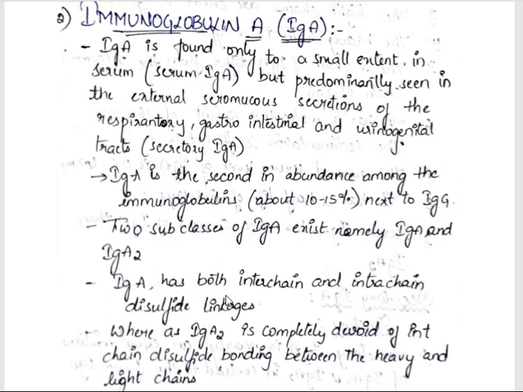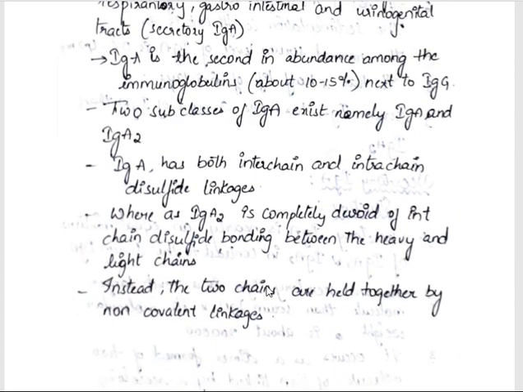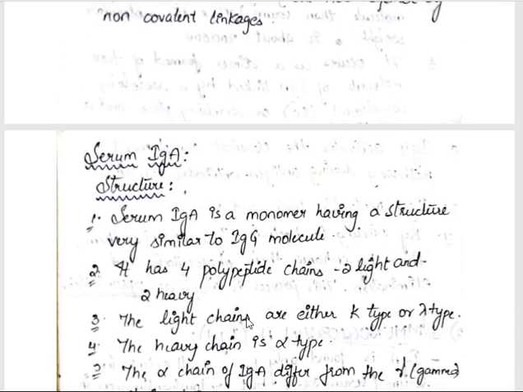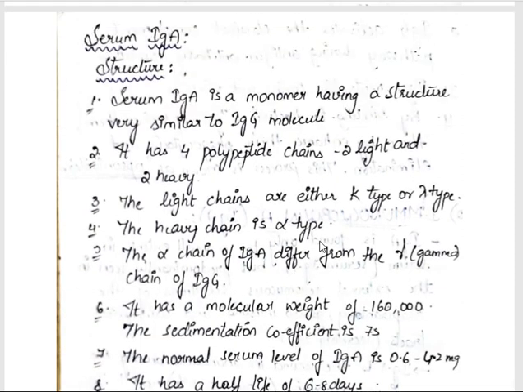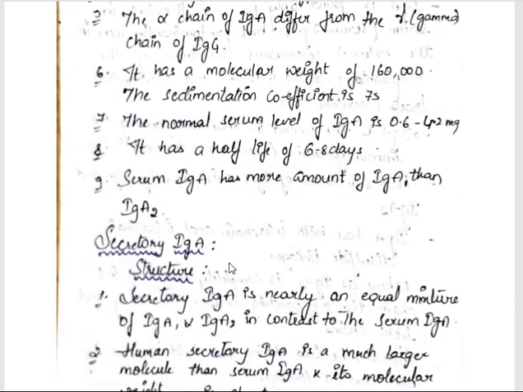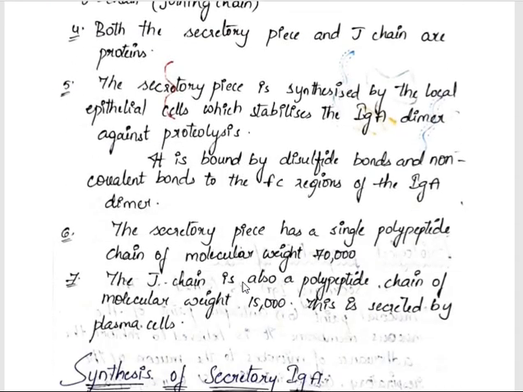IgA1 has both interchain and intrachain disulfide bonds, whereas IgA2 is completely devoid of interchain disulfide bonding between the heavy chain and the light chain, and the two chains are held together by non-covalent linkages. So we have two types of IgA, that is serum IgA, and the second one is secretory IgA.